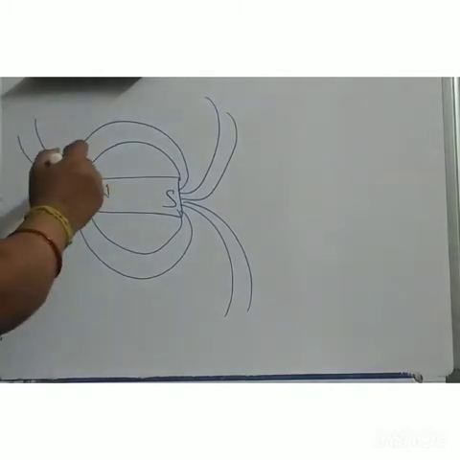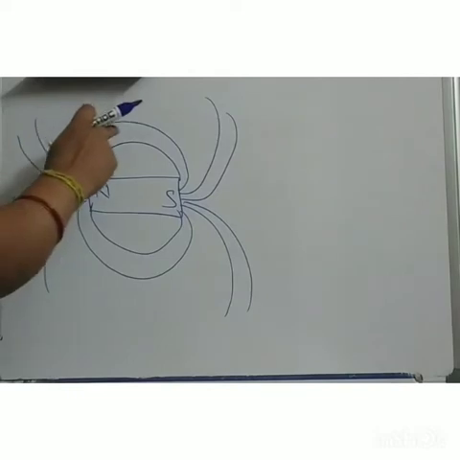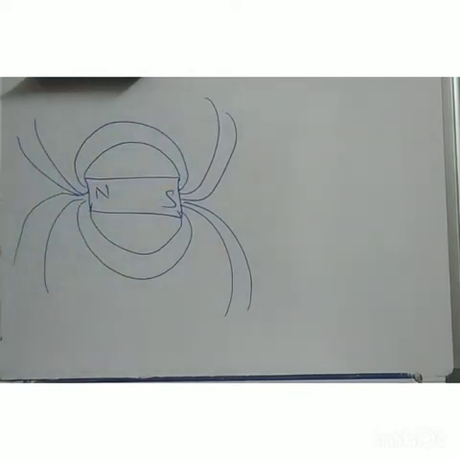These lines are called magnetic field lines, or simply field lines.